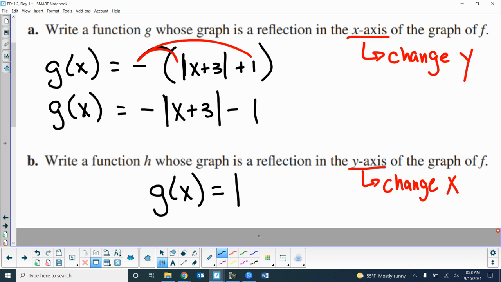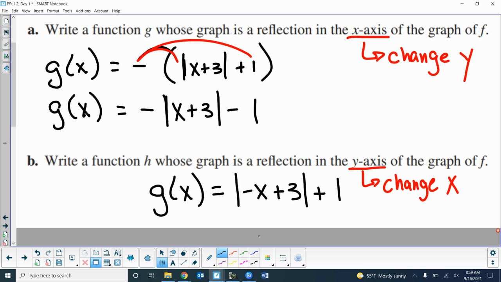We're changing the x, so it becomes negative x plus 3 plus 1. Okay? So we change the x. Questions? All right. So that was reflections.